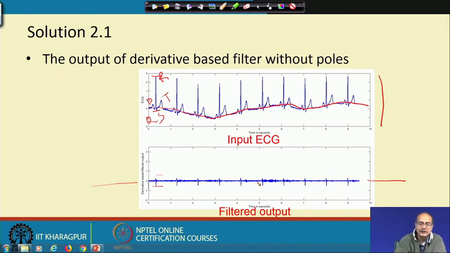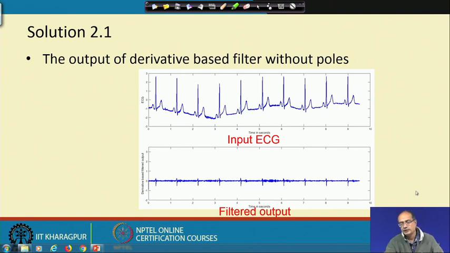In fact, the P and T waves, being low frequency signals, are completely eliminated, and the QRS complex has much more high frequency content. We get only a very small part of it in the output, which is evident from the reduction of the height of the QRS complex. So, we removed the baseline wandering, but we have a lot of distortion in the signal.